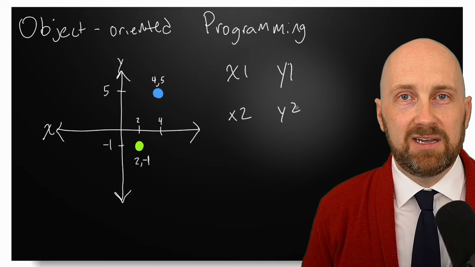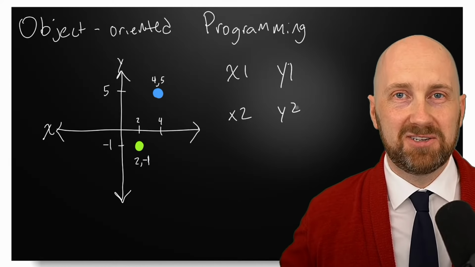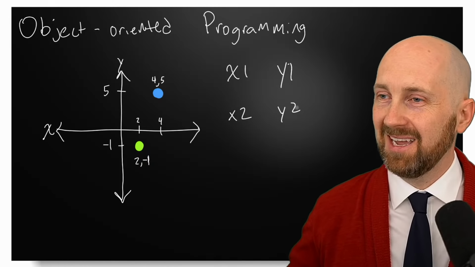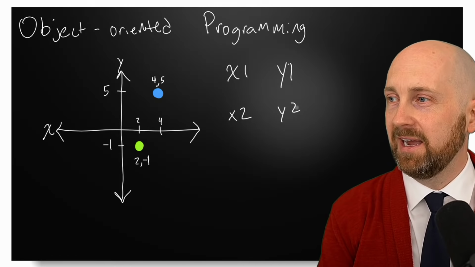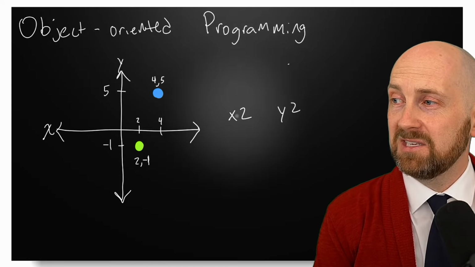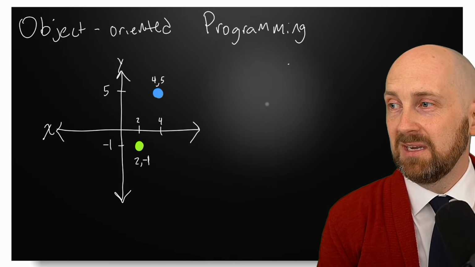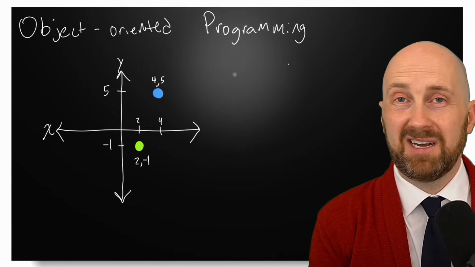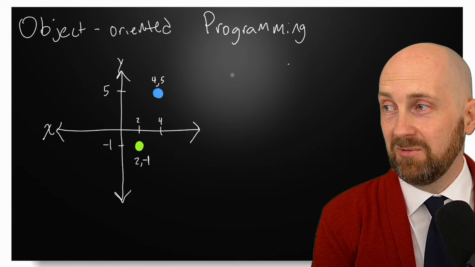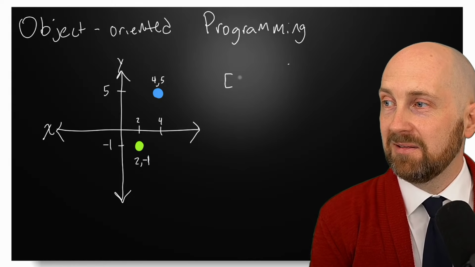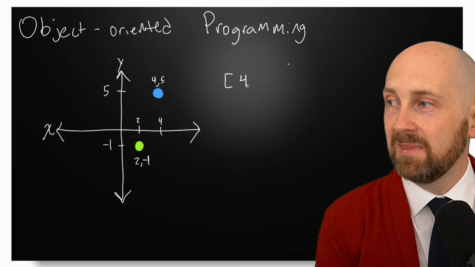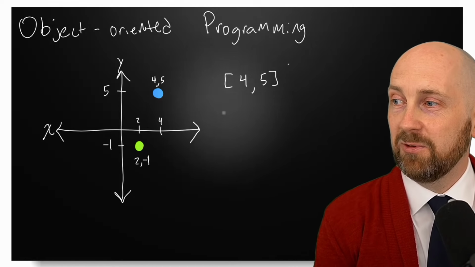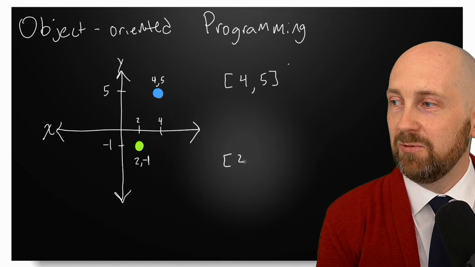And there are some downsides to having just a bunch of variables organized in this haphazard way. Now that we know lists, you could also imagine a point being represented as a list that has two items in it, where this might be the list 4, 5. The first point is 4, 5, and the second point might be 2, -1.